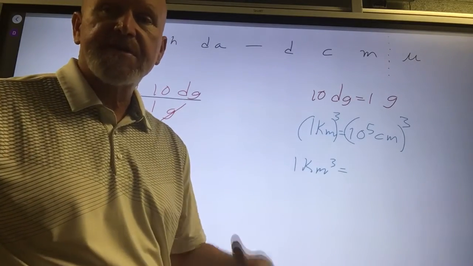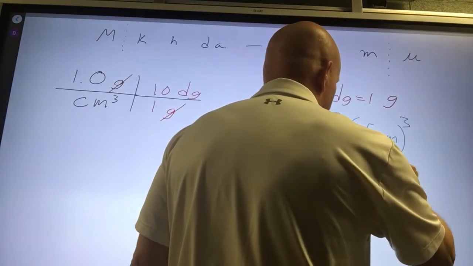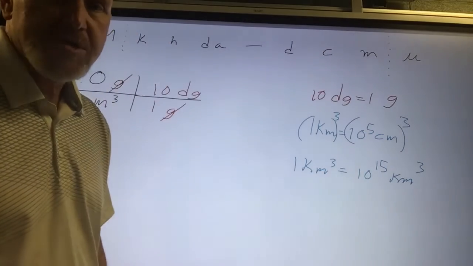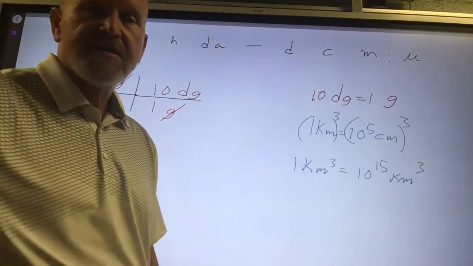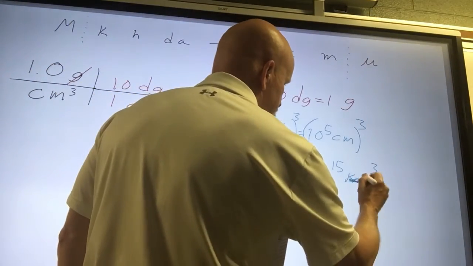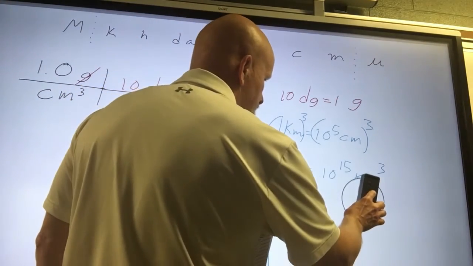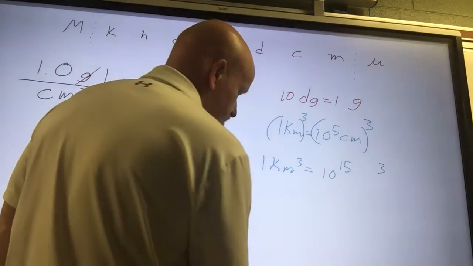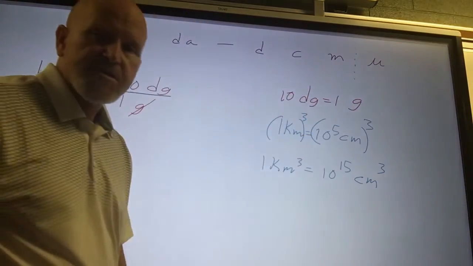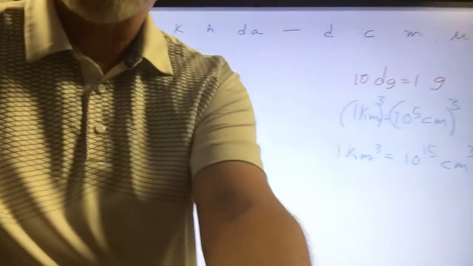Well, I've got to take 10 to the 5th times 10 to the 5th times 10 to the 5th, which is going to give you 10 to the 15th centimeters cubed. So that's the conversion I'm going to have to go back and plug into my original problem over here.